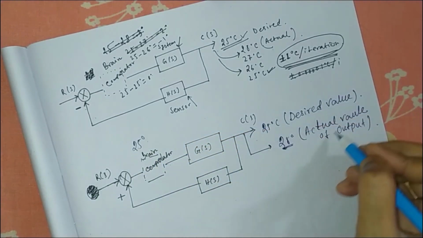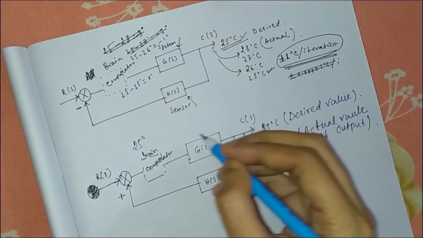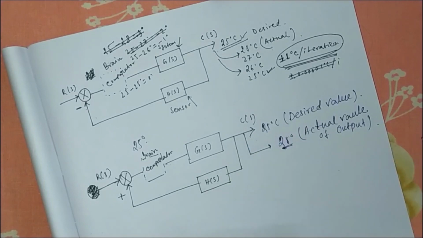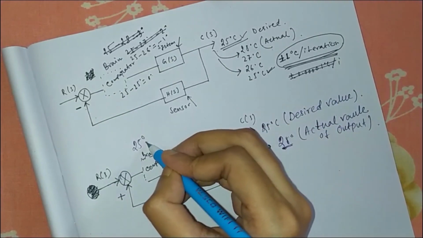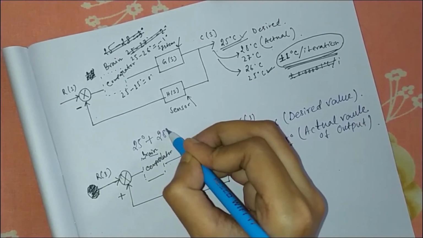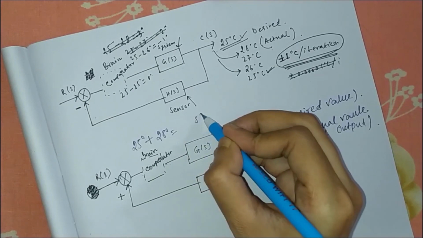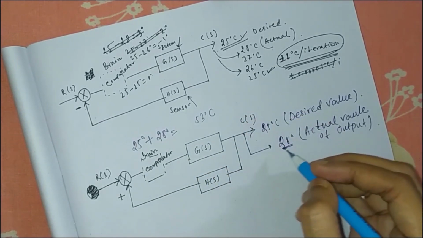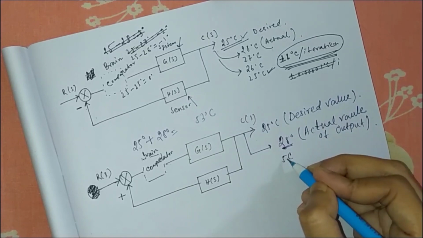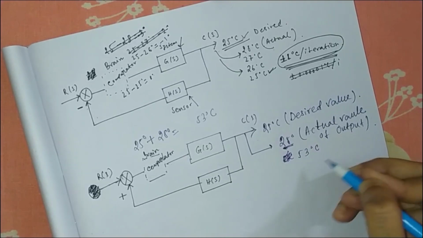As this is a positive feedback system, this is now 25 plus 28, so this will become 53 degrees centigrade. So the output will be 53 degrees centigrade. So this is now my actual output.